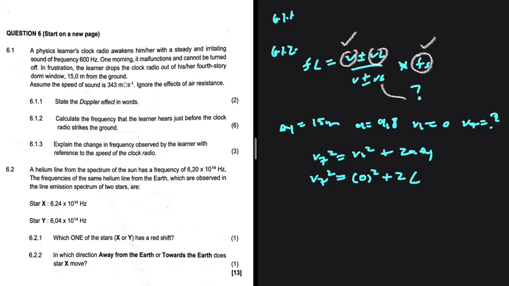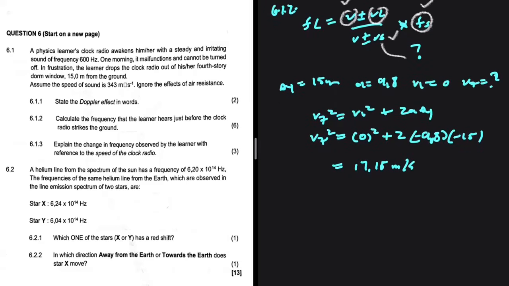Let's take up as positive, so our acceleration will be minus 9.8 and delta Y will be minus 15. And if we take square roots on both sides, we're going to get VF being equal to 17.15 meters per second. And just like that, we have the velocity of the sound source.